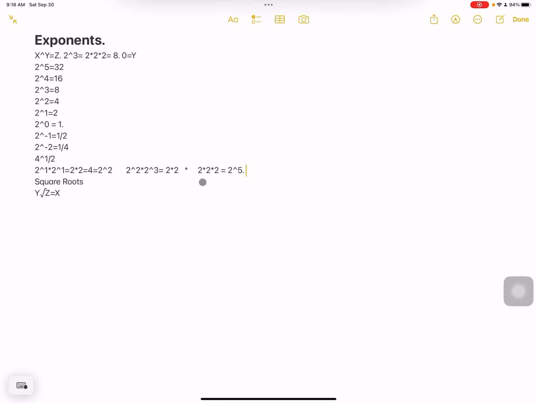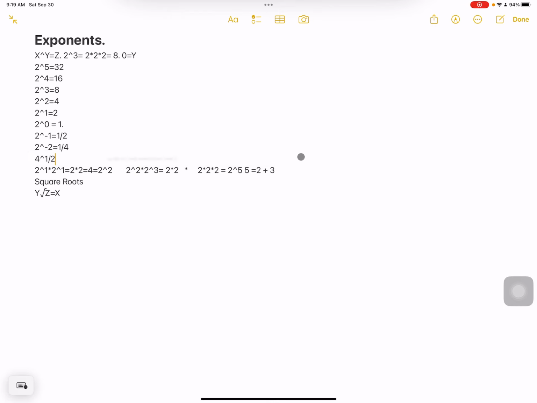Now, 5 equals 2 plus 3. This is obvious. The exponent is 5, and it's the same as adding the two exponents of the powers you're multiplying together.